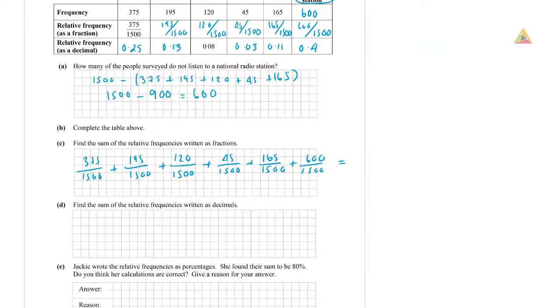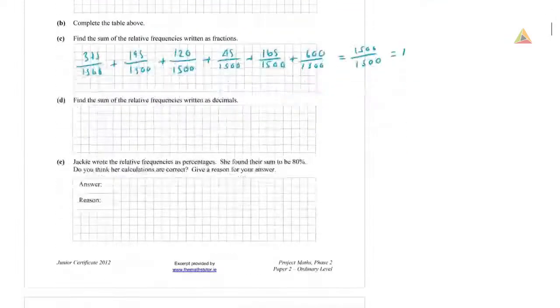Now when you add all of those together, you'll get 1,500 over 1,500, which is 1. That's it for part C.